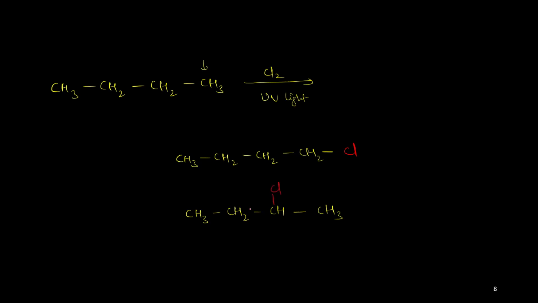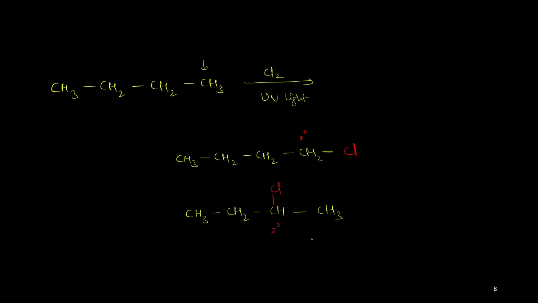So now the question is, which one will be the major product and which one will be the minor product? For that, you need to know what carbon the chlorine is attached to here. So tell me, what carbon is the chlorine attached to here? Primary carbon. Yeah. So this is primary carbon, whereas here it is secondary carbon. So which one is most reactive? Secondary.